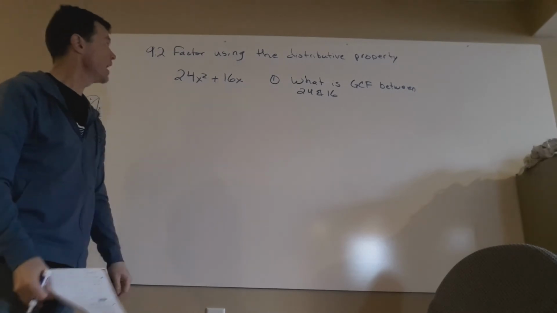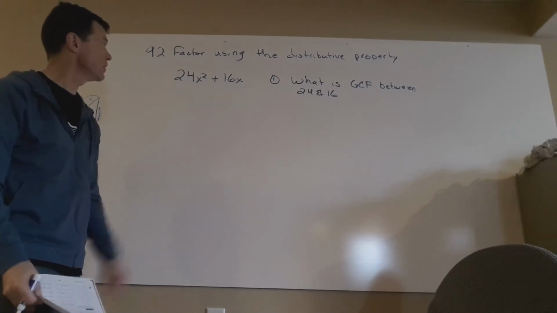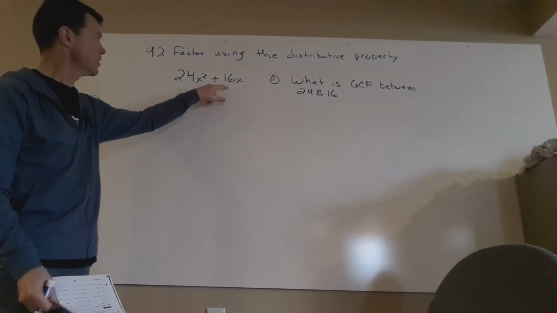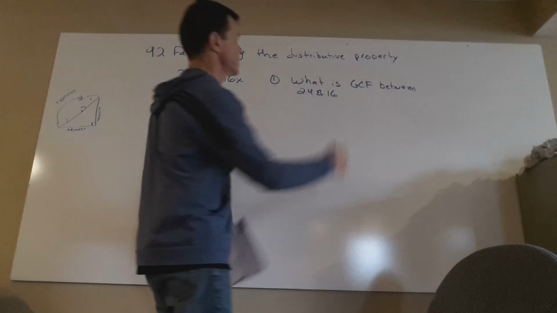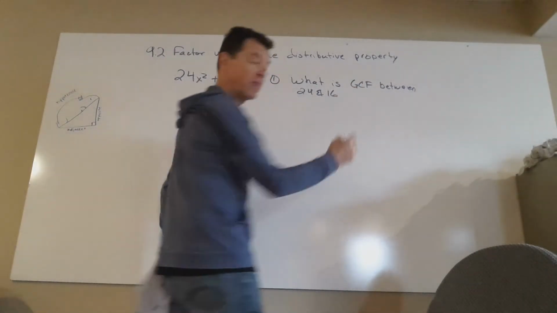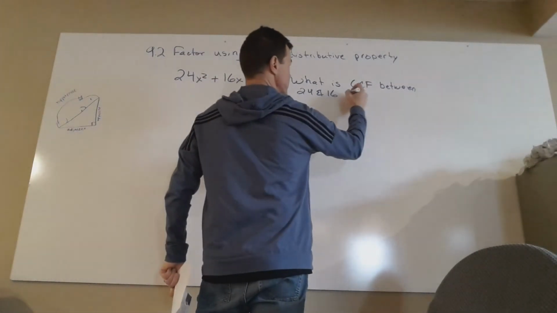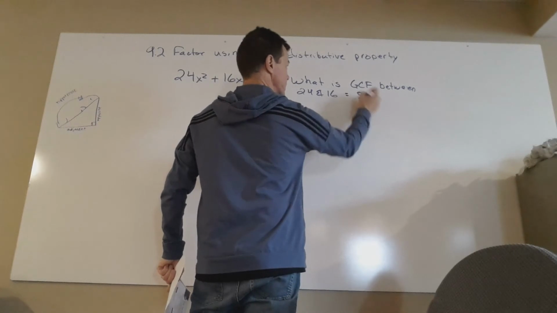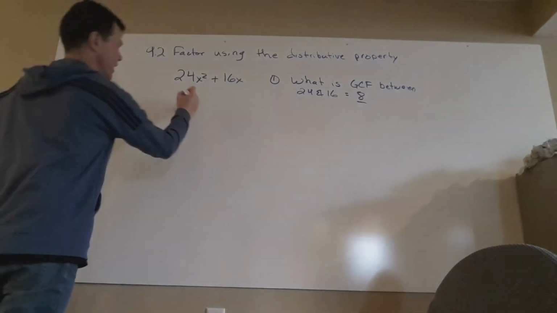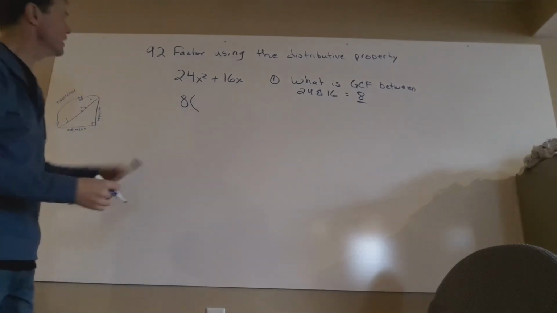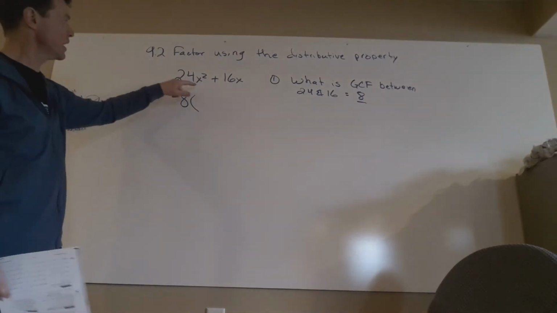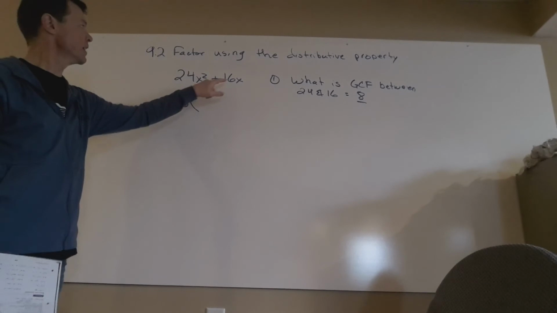Cut 16 in half. 16 in half, if you do that, that's 8. 8 goes into 16. Does 8 go into 24? Yes. So 8 is your greatest common factor between 24 and 16. All right. So that means we can factor an 8 out. When I factor an 8 out of this, I'm going to be left with a 3x squared and a 2x.